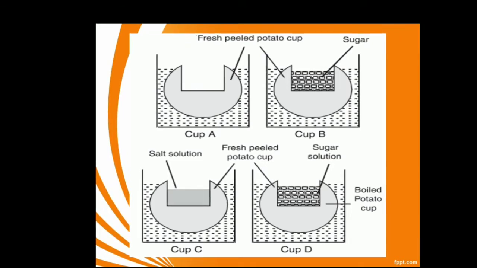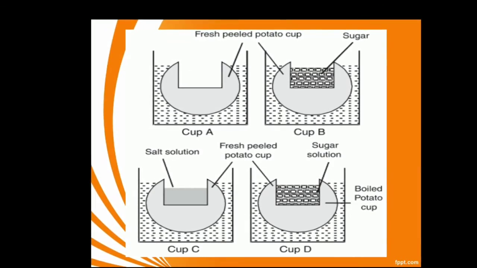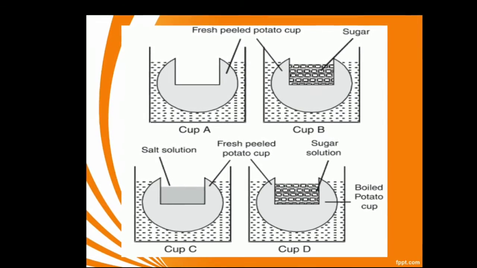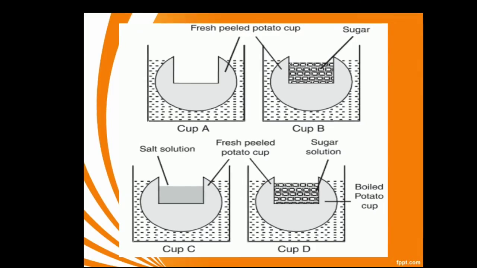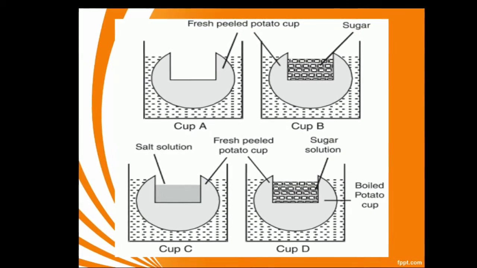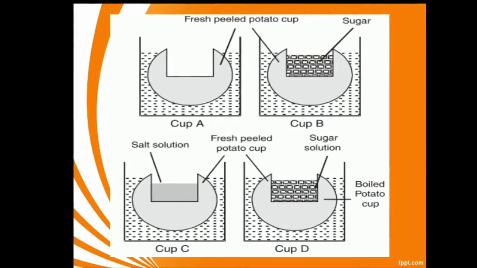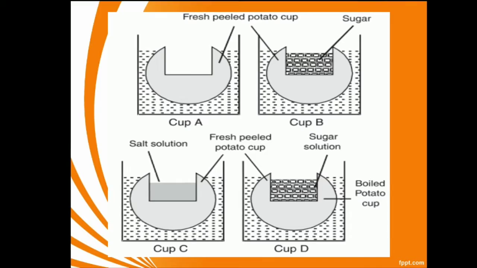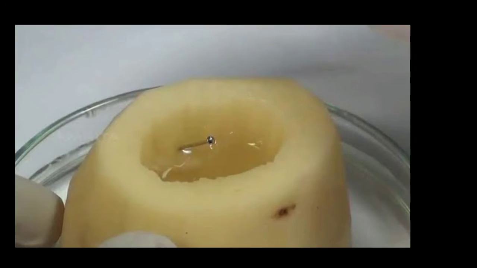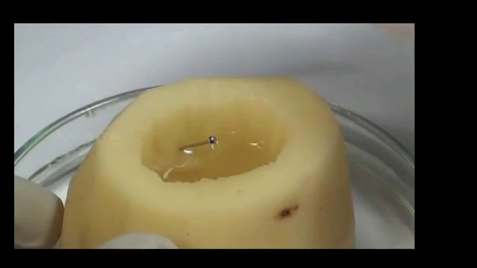So as you can see here, you have to prepare 2 sets of potato scoops. There is no need of taking only sugar solution. You may also take the salt solution. Here what we are observing is the movement of water through the potato scoop, which can be observed by using this needle which we place to know the level of the water.